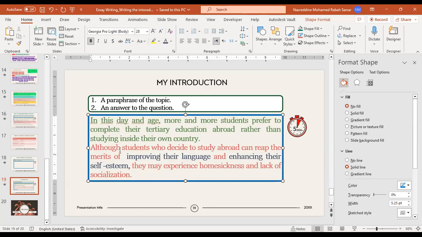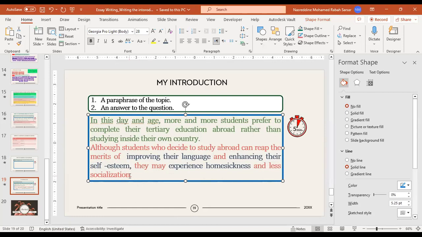But by the same token, you may experience homesickness, and maybe less socialization with other people or in that environment.